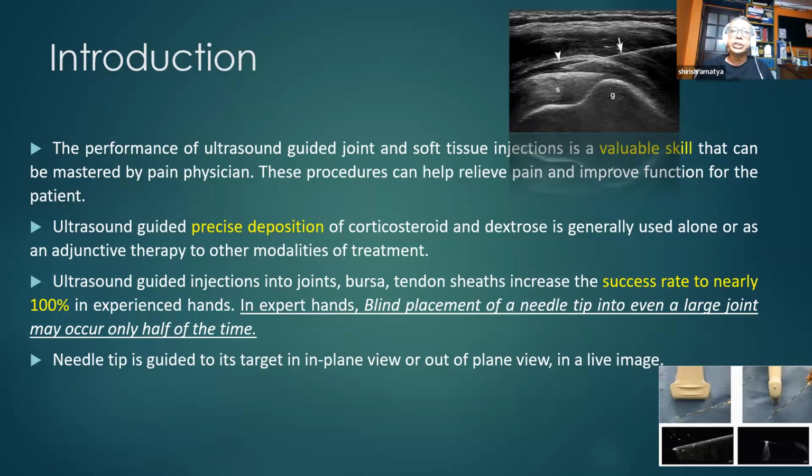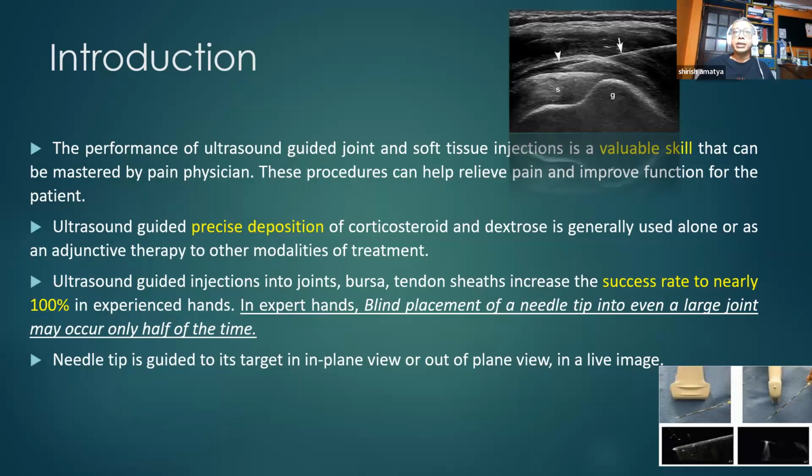Basically, it is essential that the techniques be used thoughtfully and precisely, in conjunction with making the correct diagnosis of the musculoskeletal disorder. An ultrasound guided injection into the joint, bursa, or tendon sheath increases the success rate to nearly 100% in experienced hands.